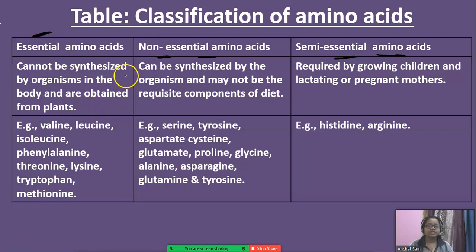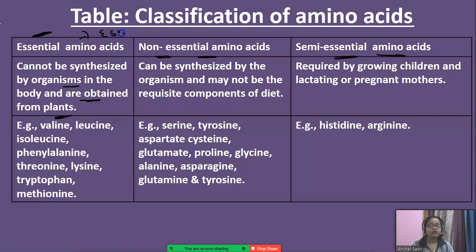What are the essential amino acids? How can we define them? These are the amino acids that cannot be synthesized by the organisms in the body and are obtained from the plants. As the name suggests, essential, that means you can easily remember that these are those amino acids which are not synthesized in our body, as they are essential for us.